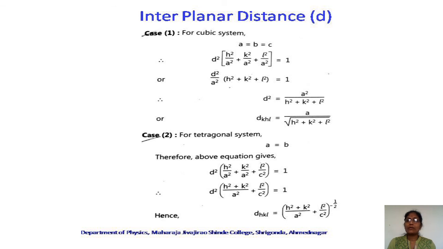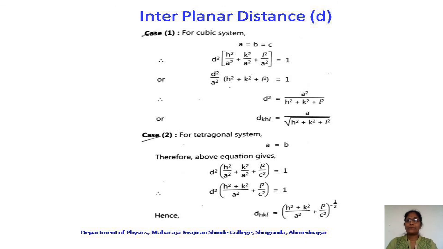Now while calculating for tetragonal system, we know that the relation between lattice parameters is a is equal to b not equal to c. All angles are equal to 90 degrees. Therefore, substituting a is equal to b in this equation, we get d square into bracket h square upon a square plus k square upon a square plus l square upon c square is equal to 1.